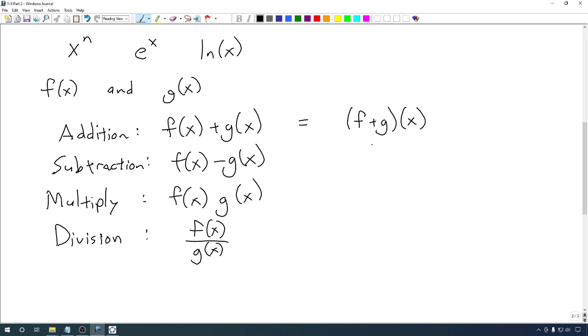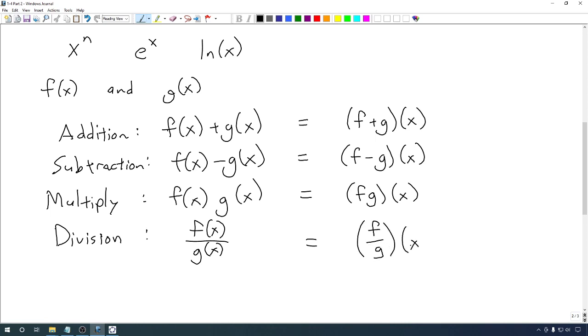That's just the name of the new function. Similarly, for subtraction, I'll write it as f minus g. For multiplication, I'd write it as f times g. And for division, I would write it as f divided by g. These are just new names for new functions that are given by these formulas.